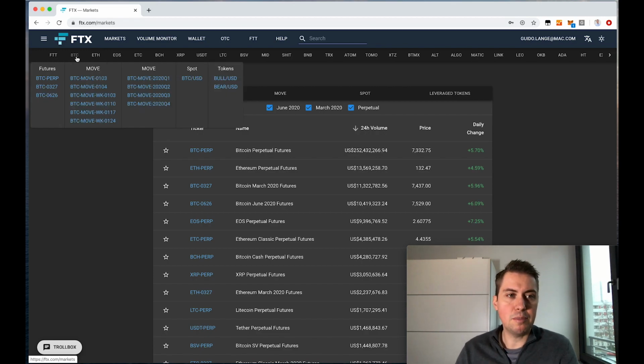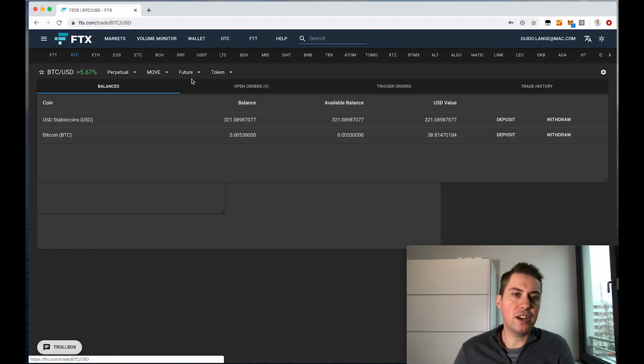So let's look at BTC first. You can buy spot BTC, meaning you could buy real BTC. Assuming you have USDC or TUSD, some kind of USD stablecoin, you send it to FTX, and then you can just buy regular Bitcoin.